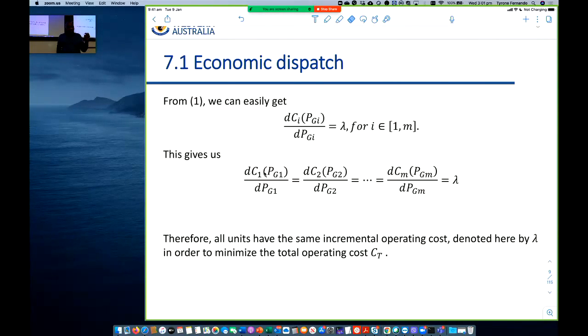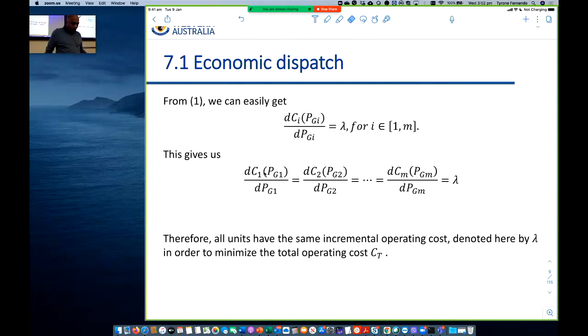If we look at the incremental cost of generating electricity, incremental cost per megawatt, for example, incremental cost per unit of power for a particular generator, when that incremental cost per unit of power is the same for all the generators, that's when we have the optimum solution, the least cost of generating the electricity.